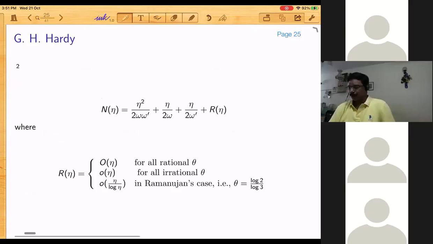Okay. So let's write the number of lattice points inside the right angle triangle as this.